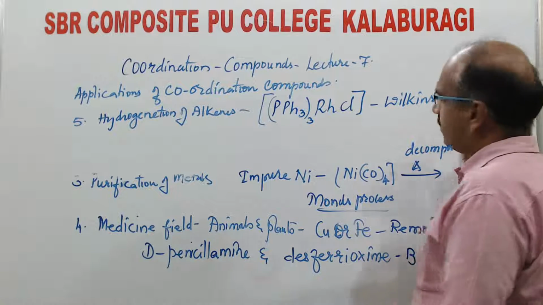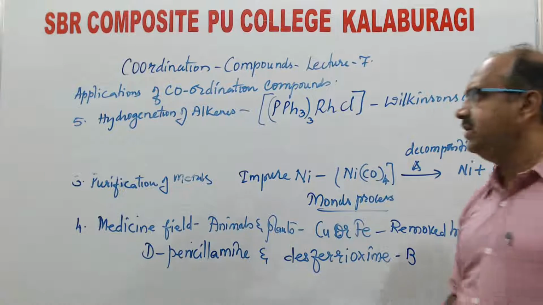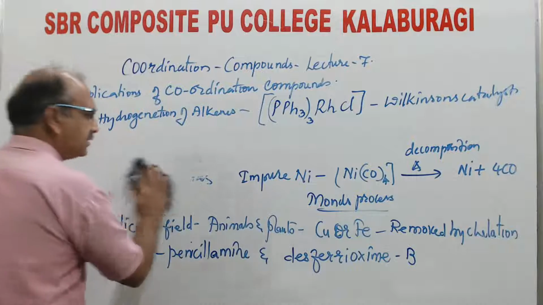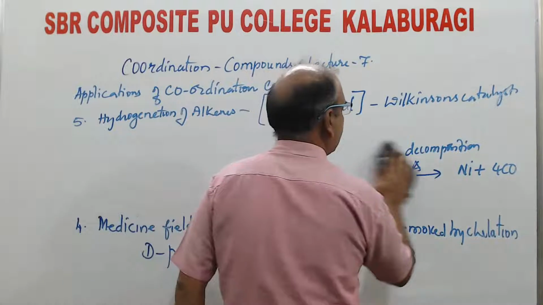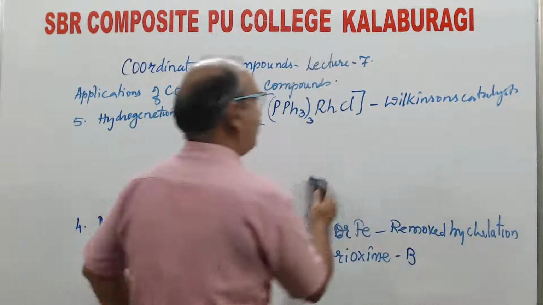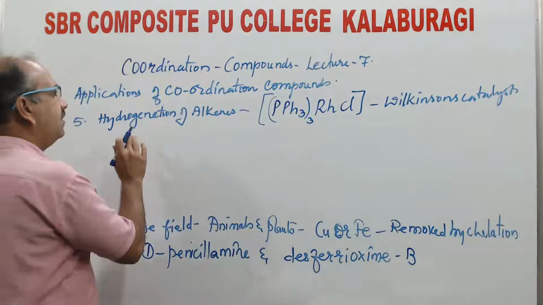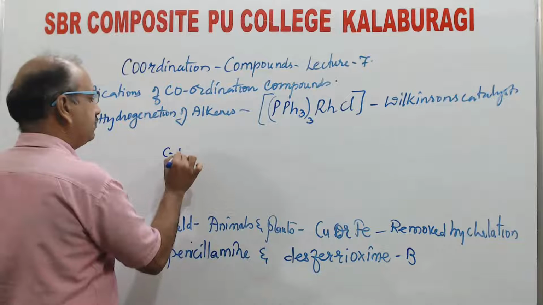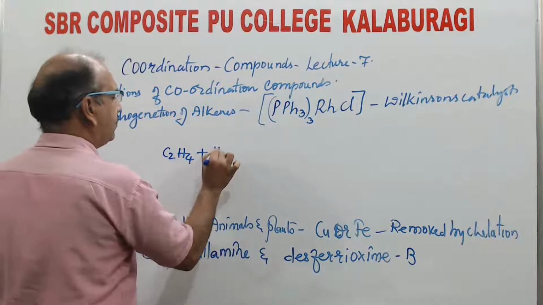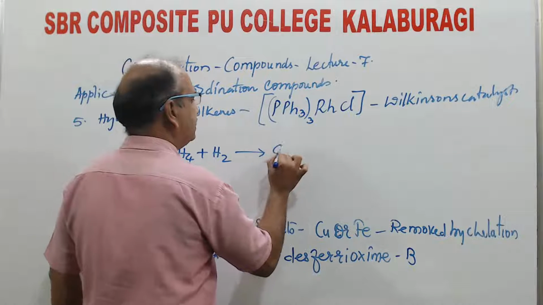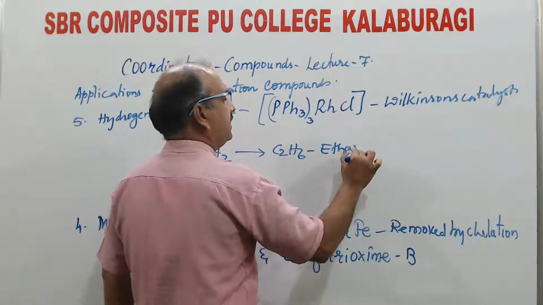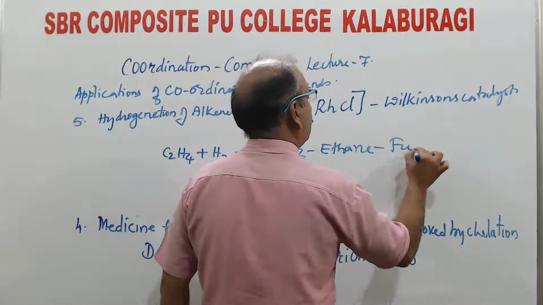Wonderful this is. Only one thing, if you learn something in chemistry, you can make your living. I'll tell you what it means. You need a catalyst for the conversion of alkenes to alkanes, hydrogenation of alkenes. C2H4 is there; you hydrogenate it and you get C2H6, which is ethane, and ethane is a fuel.